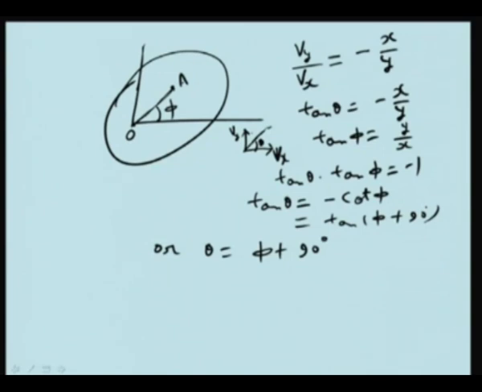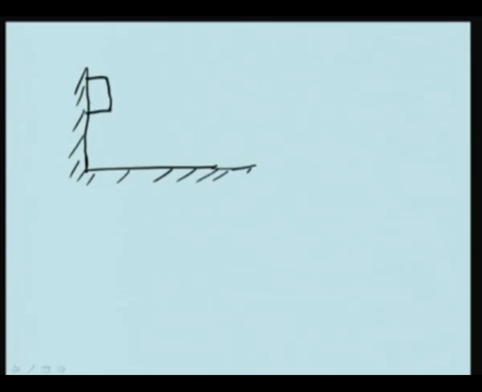Now, we will carry out some simple examples based on this lecture. If you are having a mechanism like this, there is a slider here, there is a slider here, joined by a pin joint with a link.